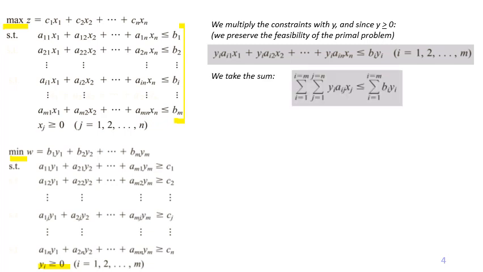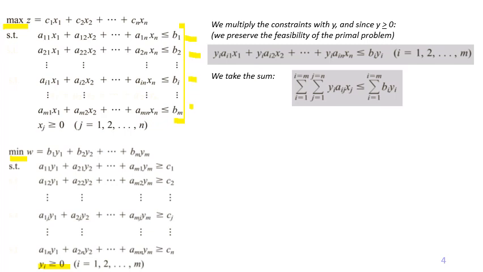And then we take the sum for all constraints: the first constraint, second, up to the m constraints. It becomes like this. The right-hand side becomes the sum of biyi with i from 1 to m, because we have m constraints.